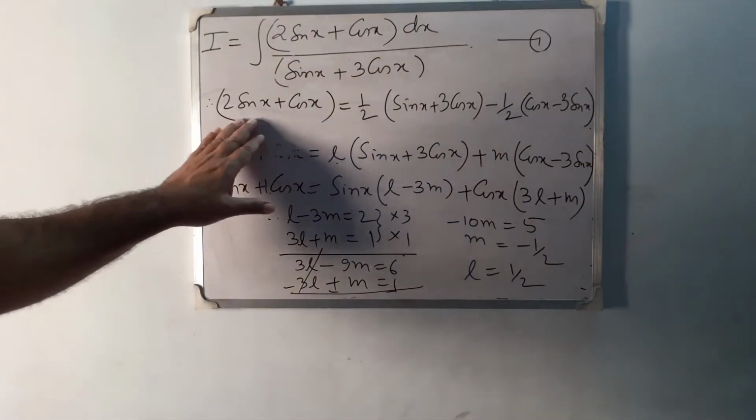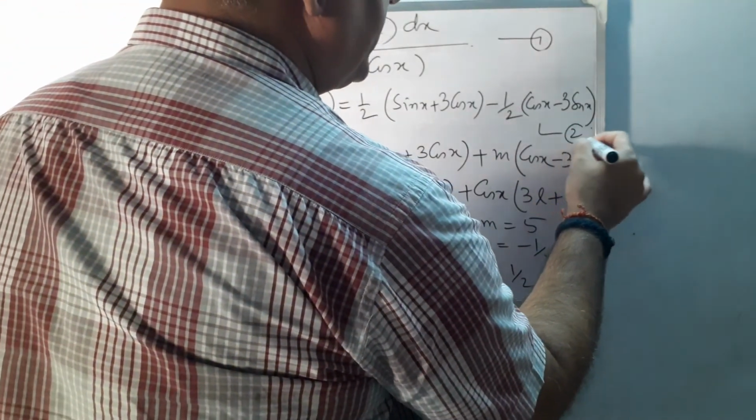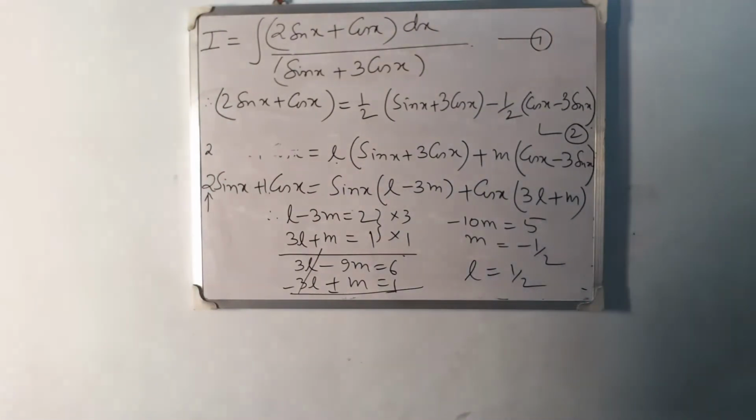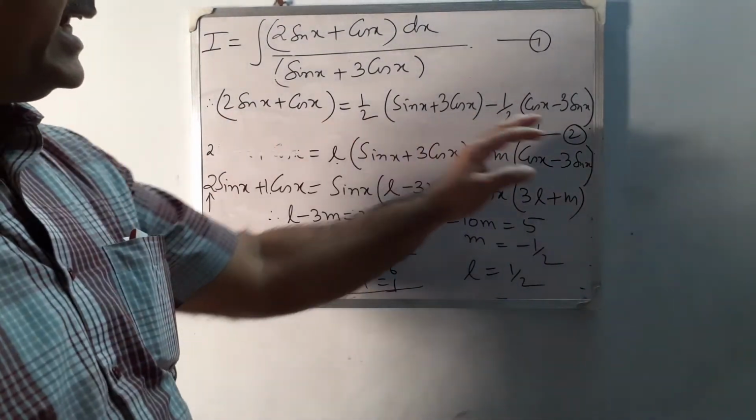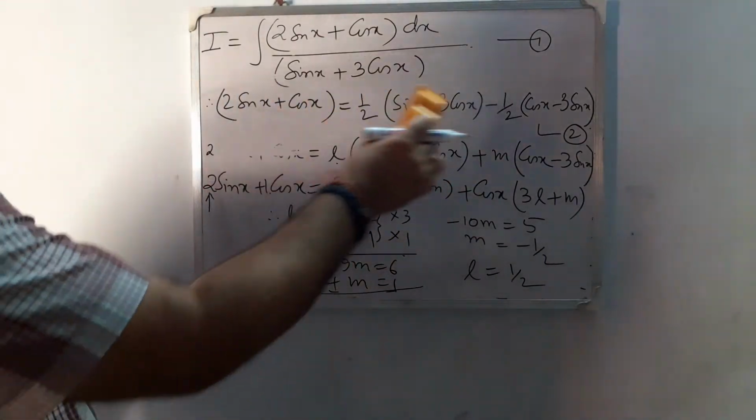So this will be the value of the numerator. This should be taken as number 2. This is our process to get the values of L and M, and after getting L and M you have to put these values here in this result. You will get the numerator in this form.